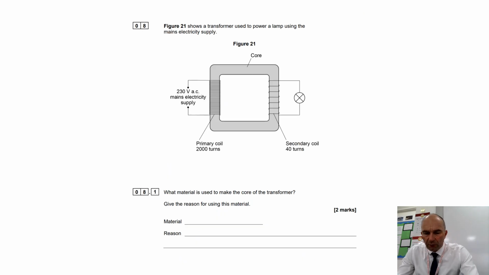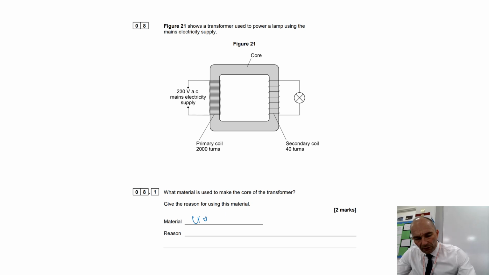Okay, question 8. So we've got figure 21 shows a transformer used to power a lamp using the mains electricity supply. Alright, so what material is used to make the core of the transformer? Give the reason for using this material.